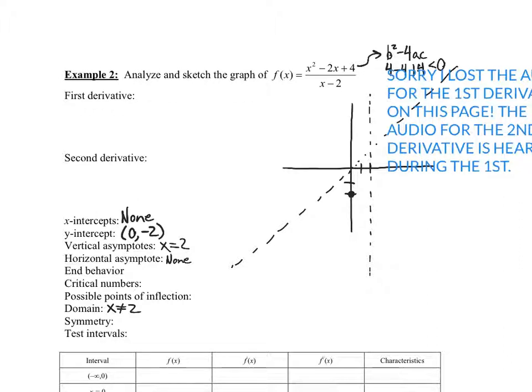But while that would have been good enough for pre-calculus, we can do better than that now. So let's look at how we would do better using our derivative. So let's think about our first derivative. We're going to get our first derivative.